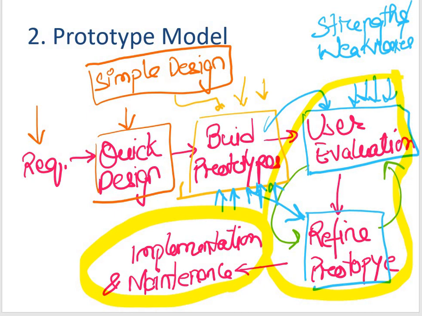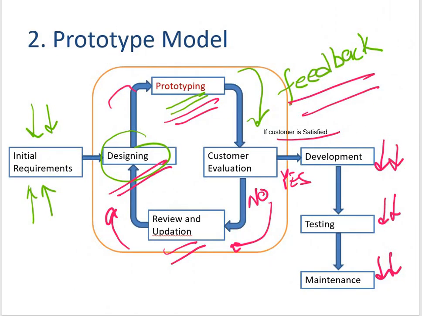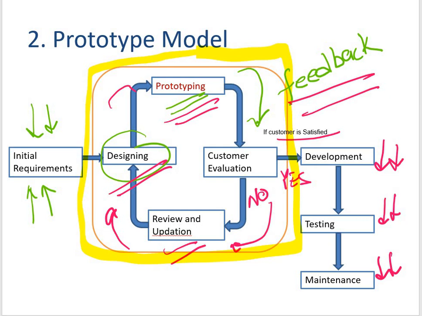That's why there is a major issue with this. The problem is that I may enter into a vicious circle, an infinite loop, a never-ending loop. That means every time my end user will say that no, I'm not happy with the prototype.